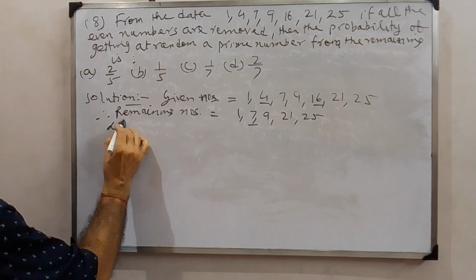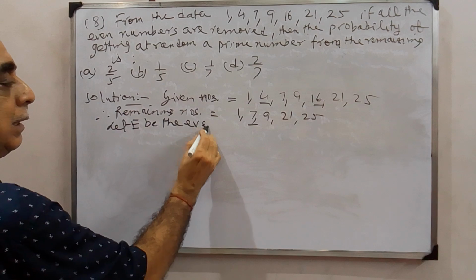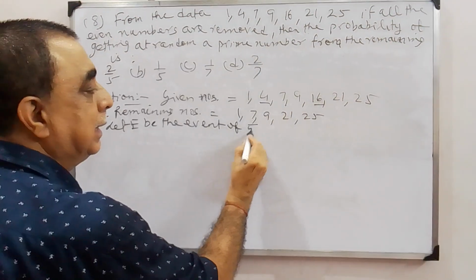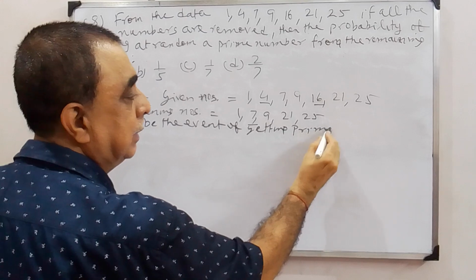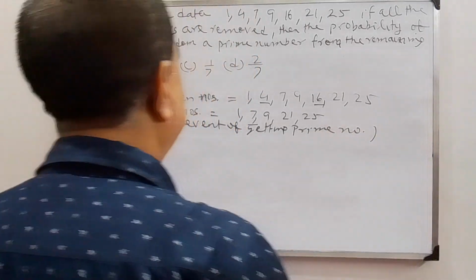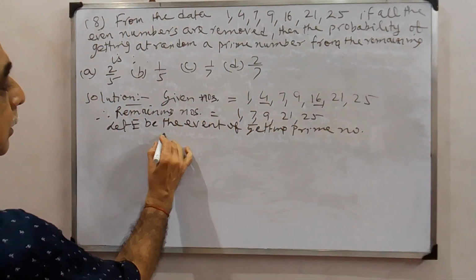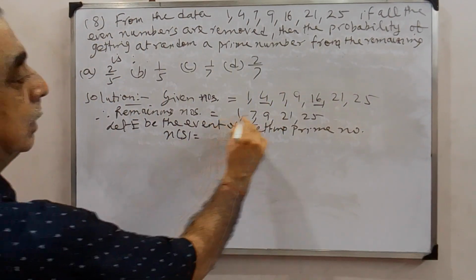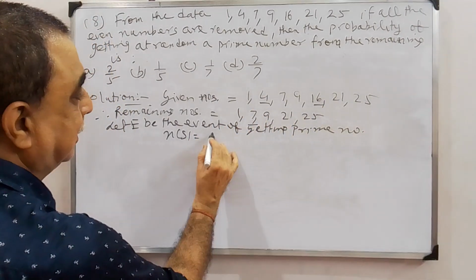So let E be the event of getting a prime number. What will be the probability of E? Here n(S), the total possible outcomes, will be 5, since there are 5 numbers and any one will be taken out.